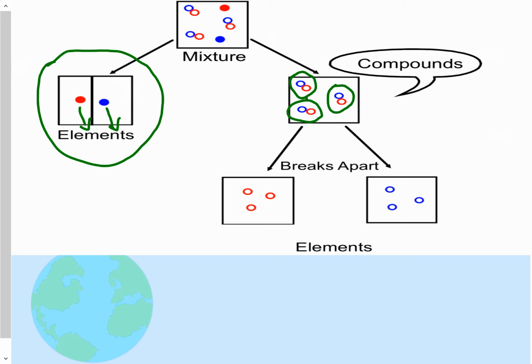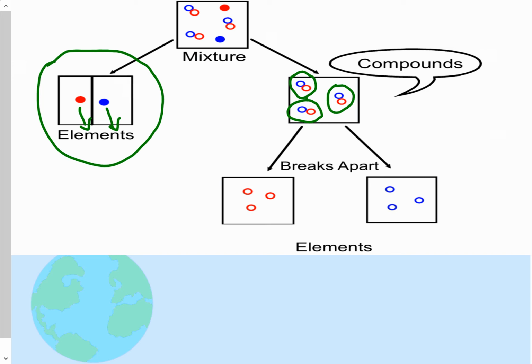What is a compound? A compound is made up based on a bunch of elements combined, chemically combined with each other. So in this case, I have a red and blue element chemically combined together to form that compound.